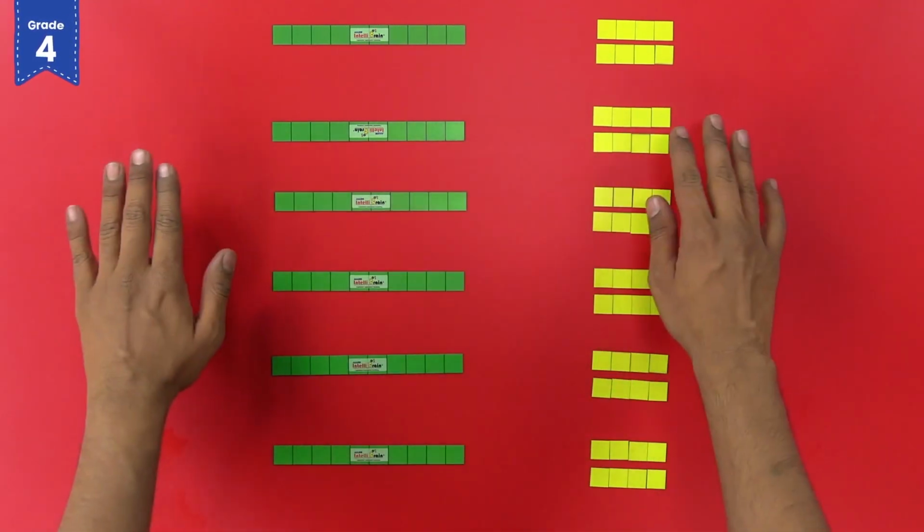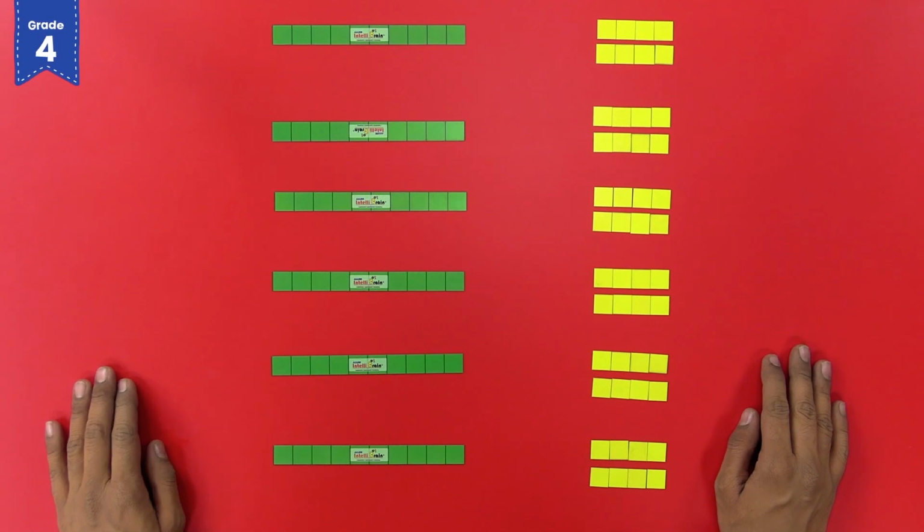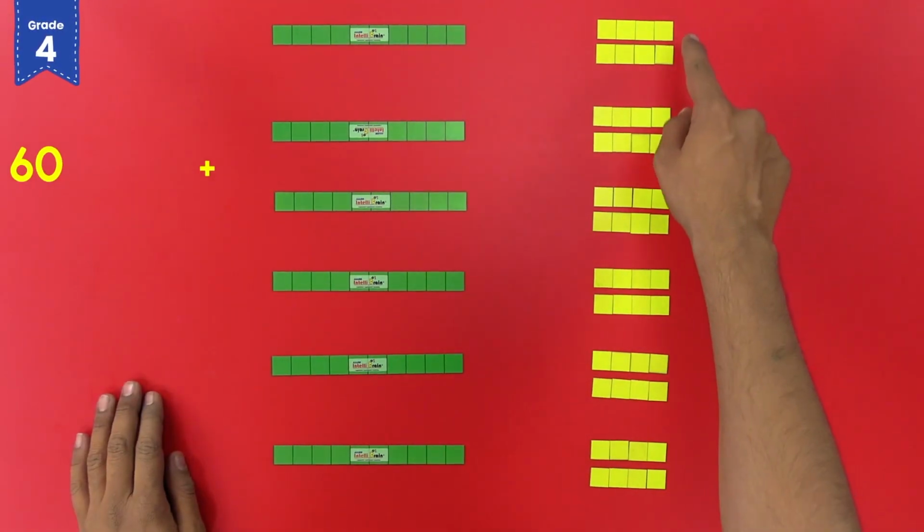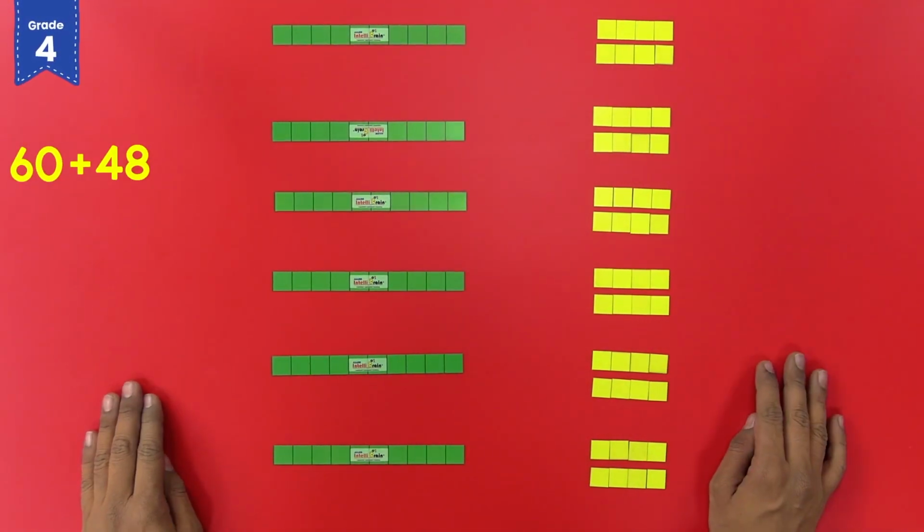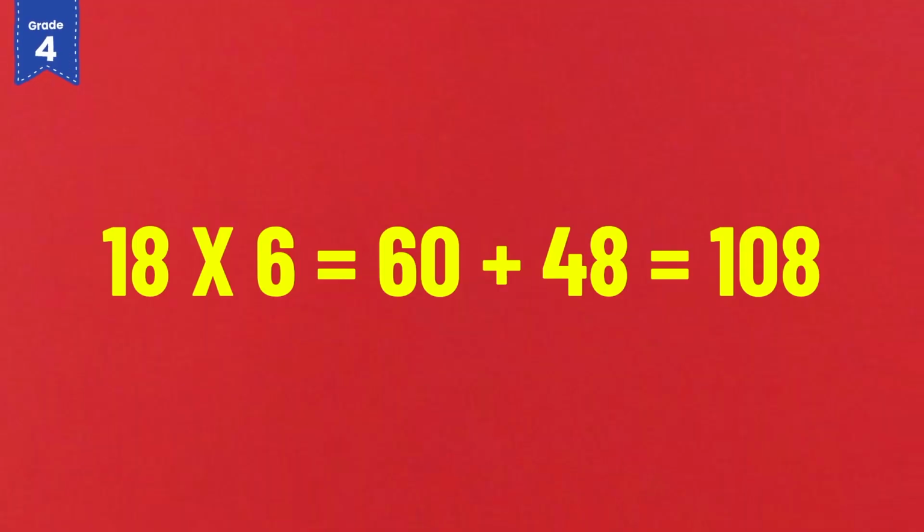The total number of single units that we have is 60 plus 48, which makes a total number of 108 single unit blocks. The multiplication product of the number 18 and 6 is equal to 108.